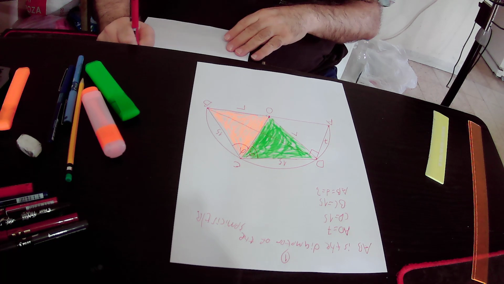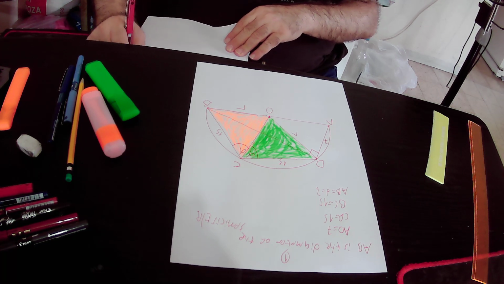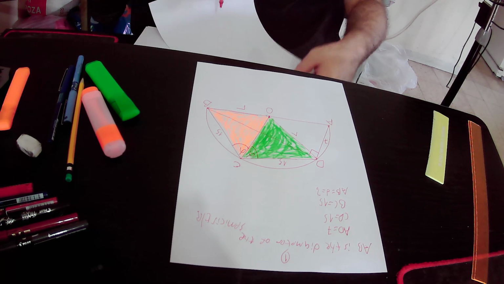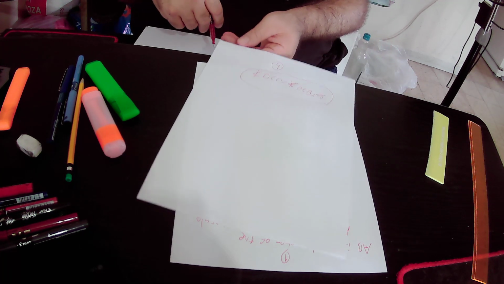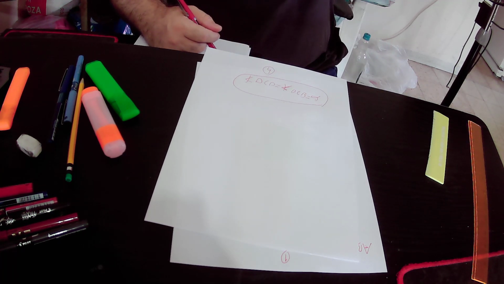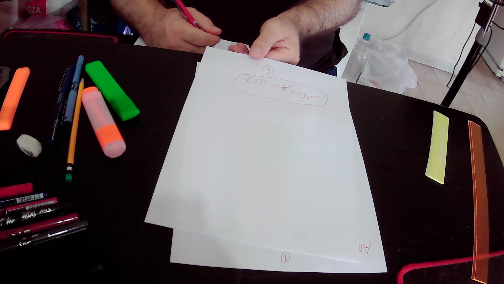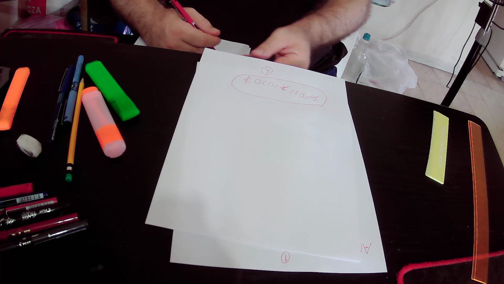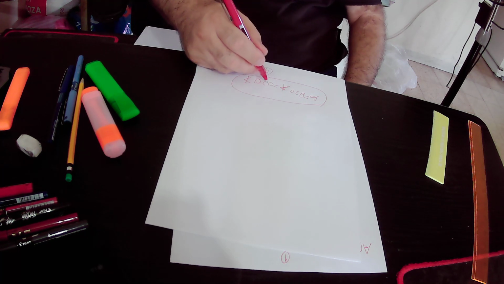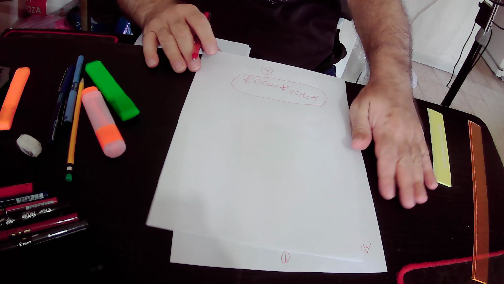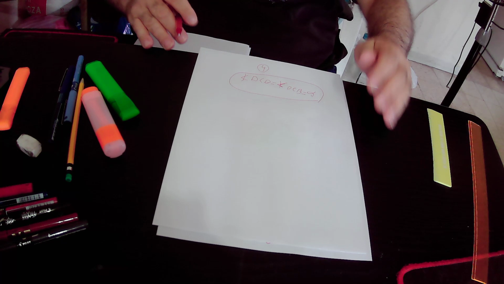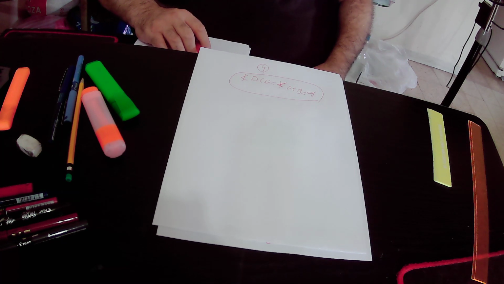Okay, so angle DCO equals angle OCB equals alpha. Actually, the reason that angle DCO equals angle OCB is according to the rule that corresponding angles in congruent triangles are equal to each other.